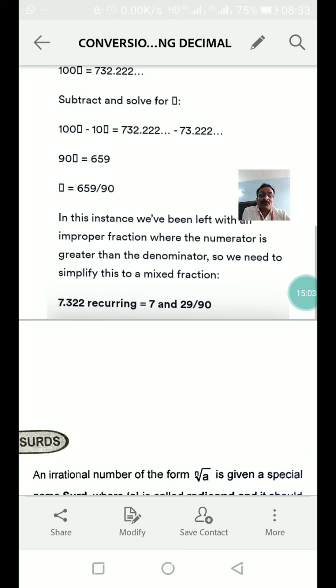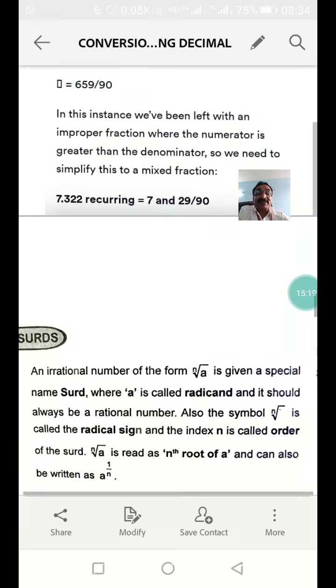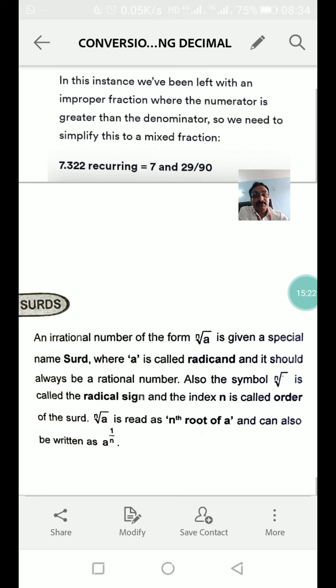Now, we know about surds. Perhaps for you, surd is a new term, but it is also in class 8. An irrational number of the form nth root of a is given a special name, surd, where a is called the radicand and it should always be a rational number.